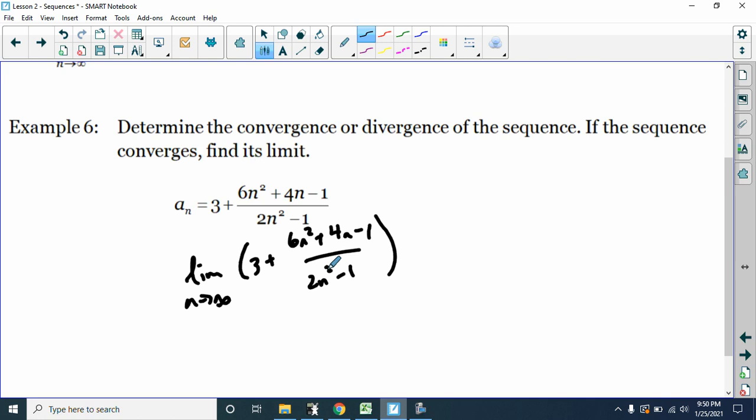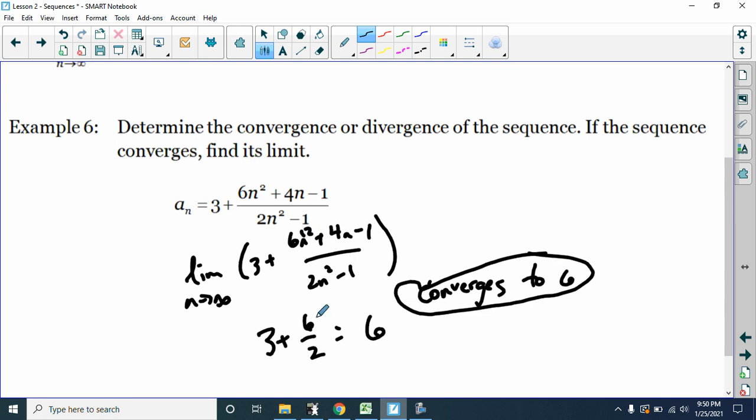Degree on the top is 2 and on the bottom is 2. So we divide the leading coefficients, 6 divided by 2. Because I get something, it converges to 6.